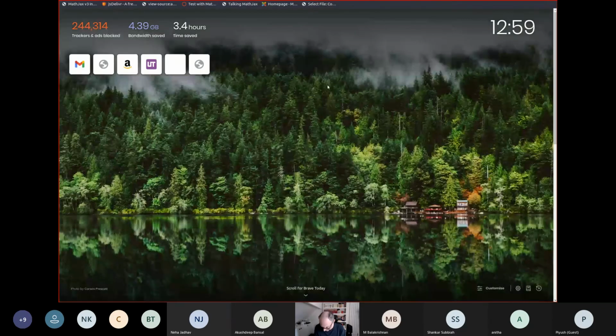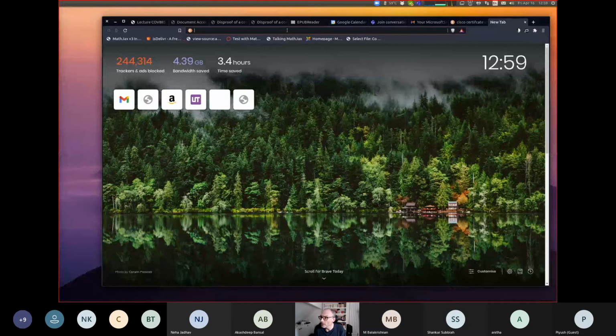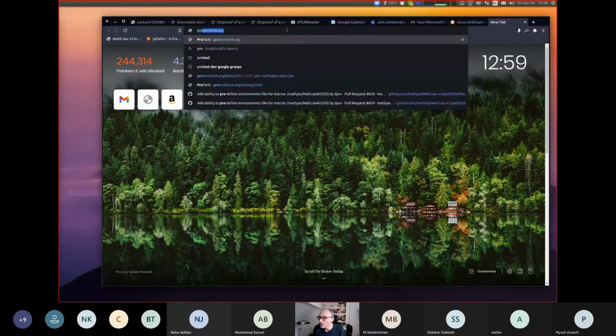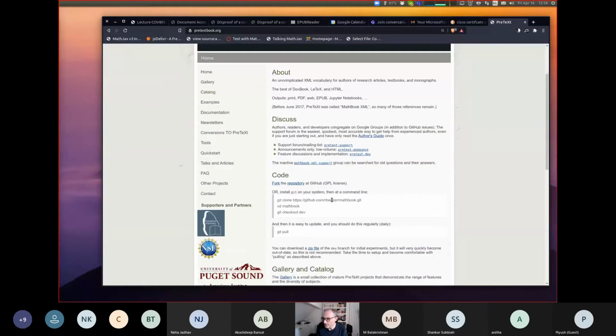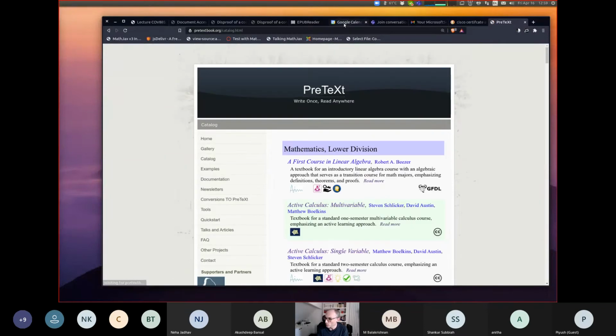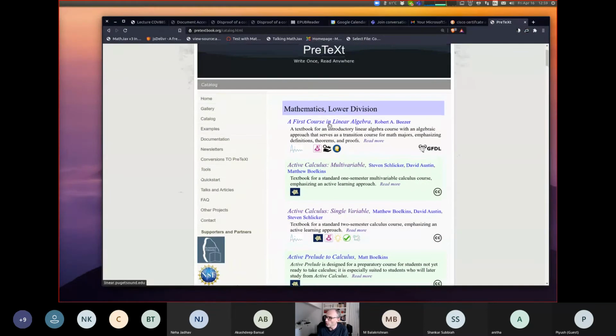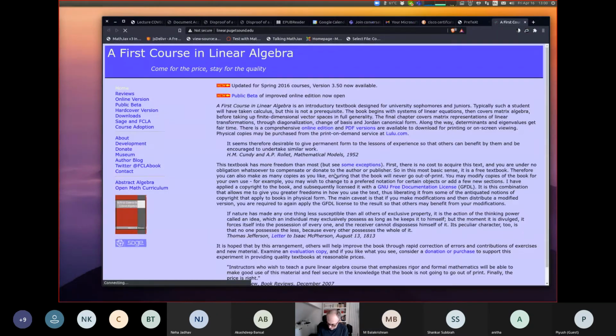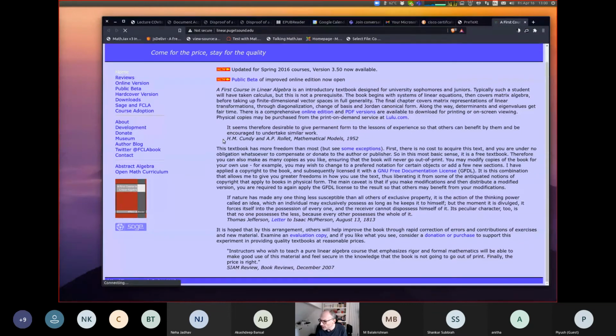I'll just go to one of the PreTeXt examples. Hold on, let me. I forgot to put that. PreTeXt is a way of getting math documents onto the web, particularly in an open format. Let me have a look. Where's the HTML version of this?